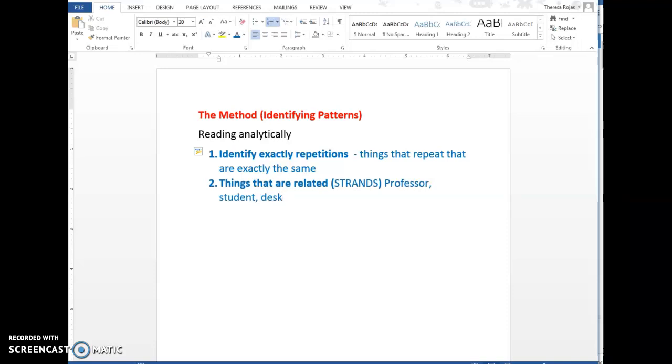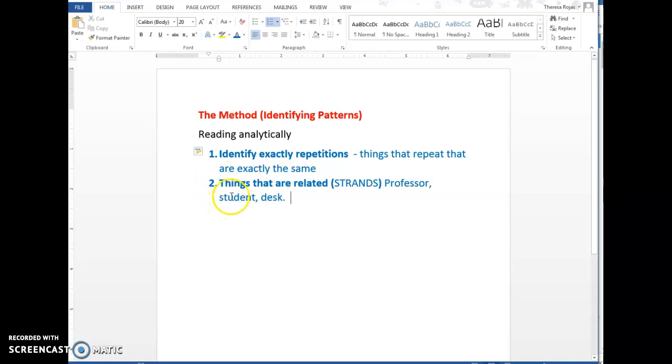So you wouldn't necessarily think of them as a pattern, but they are a related strand. They're 3 completely different things. They're not exactly the same, but they're related somehow, right? The professor does the teaching, the student does the learning, and then students sit at desks. Maybe the professor also sits at a desk. So you see there's a strand there.